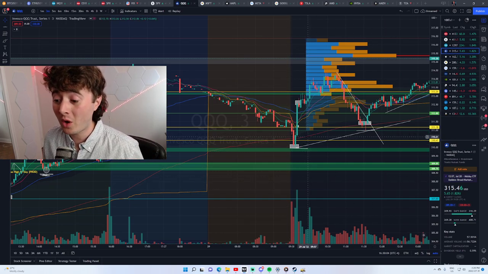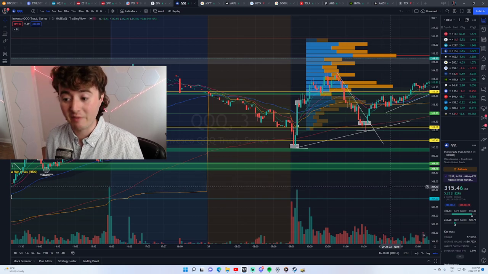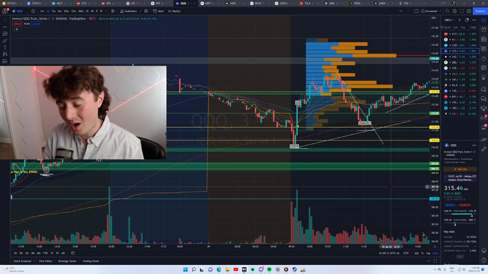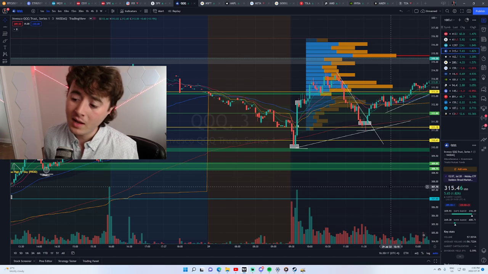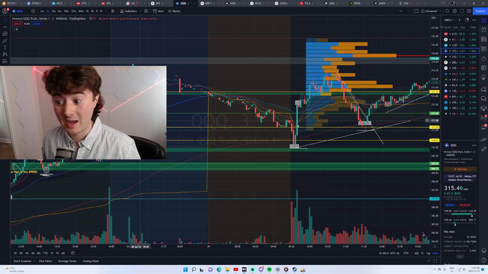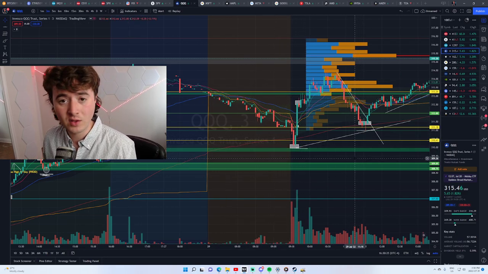But we have the 200 EMA here, and we know from the previous video that if price action is above the 200 EMA on the 3-minute chart, you're bullish on the day. If price action is below it on the 3-minute chart, you're going to be bearish on the day. But we're above it. So what we're looking for here is a bounce off yesterday's high of day. So what we do is wait for that pullback. And how do you get confidence to take a trade?